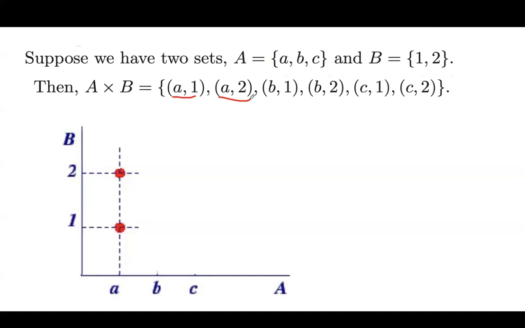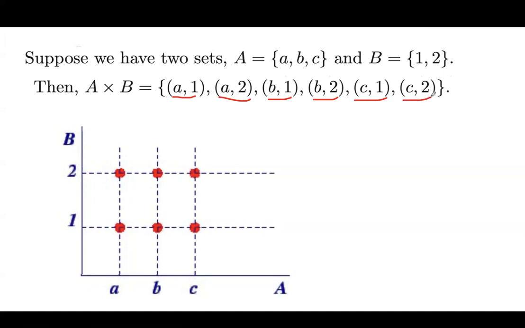Then you can work on (b, 1) and (b, 2), the second two dots. And finally, you have (c, 1) and (c, 2), and that's it. As easy as that, we can visualize the Cartesian product between two sets.